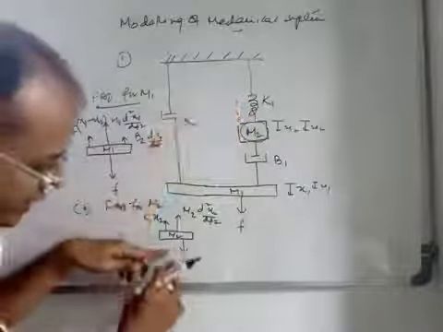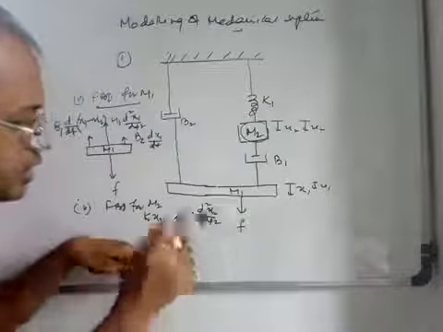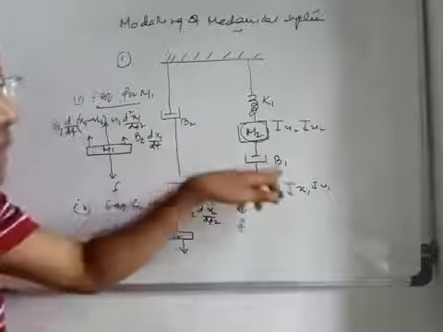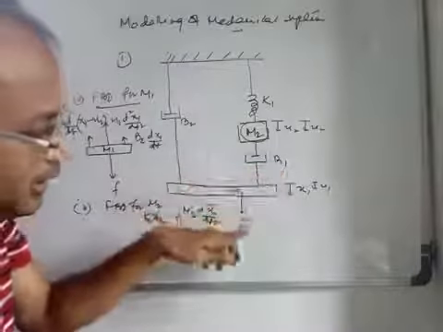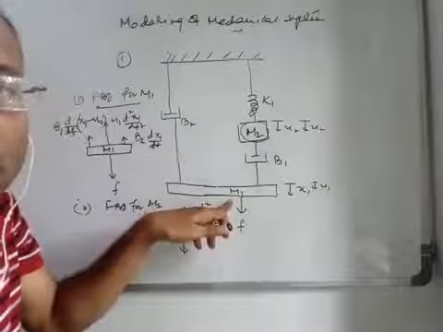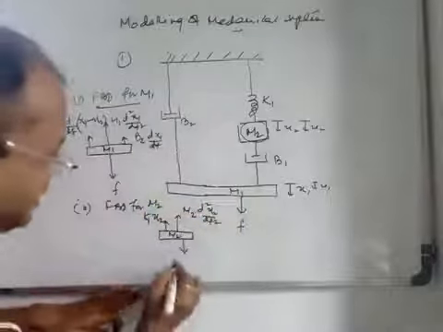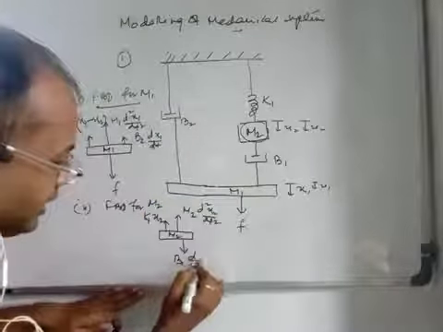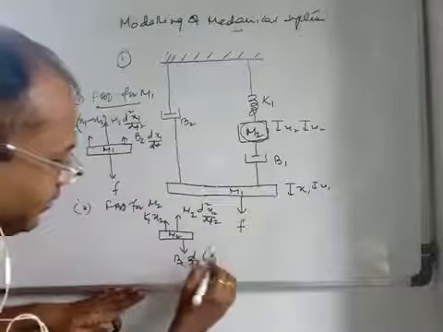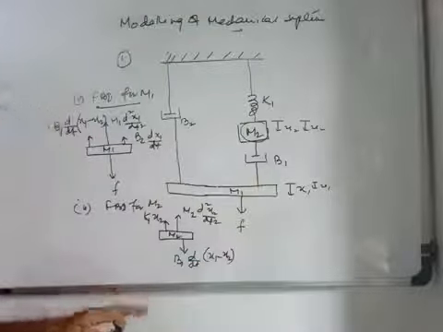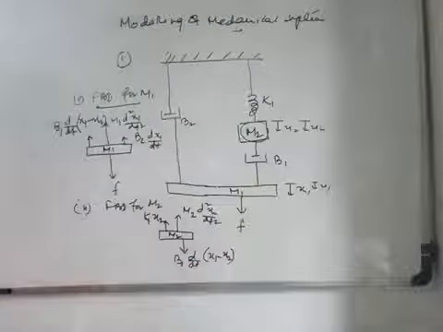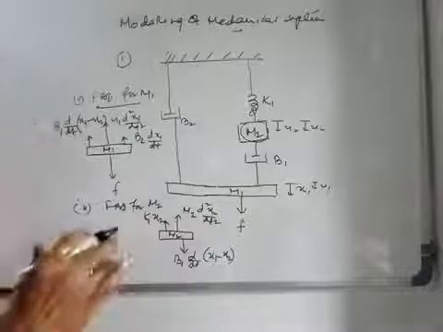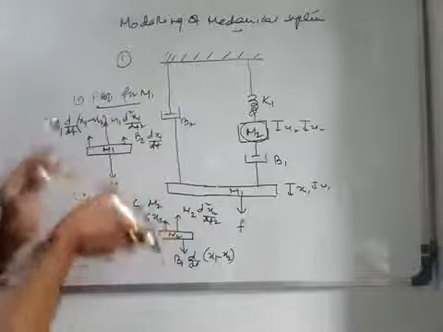And in this direction, what is the force? That is the same force which was developed by b1 when the force F was acting on m1. So what is this? This is basically b1 d/dt of (x1 minus x2), right? So you see these are the two free body diagrams.